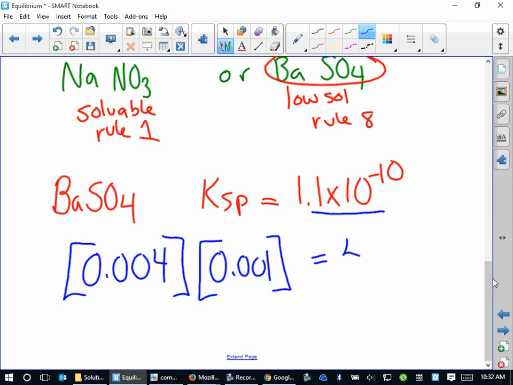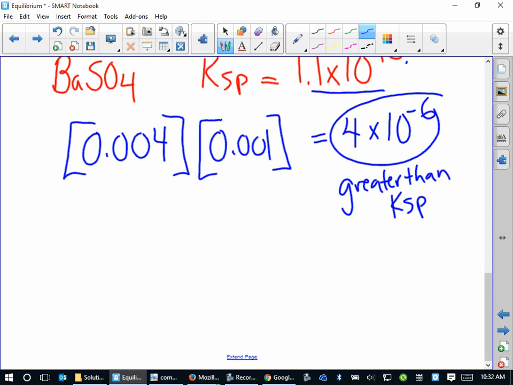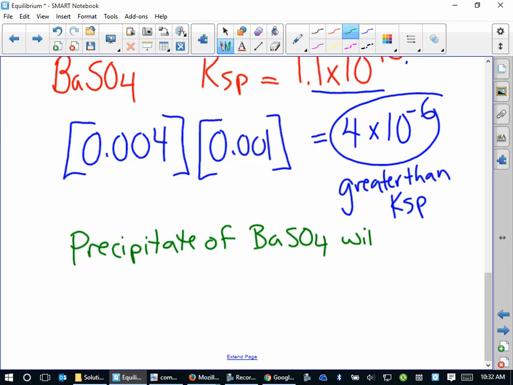This is 4 times 10 to the minus 6 when you multiply that out. How does this compare? It's greater than KSP. So that means a precipitate will form. Precipitate of BaSO4 will form.